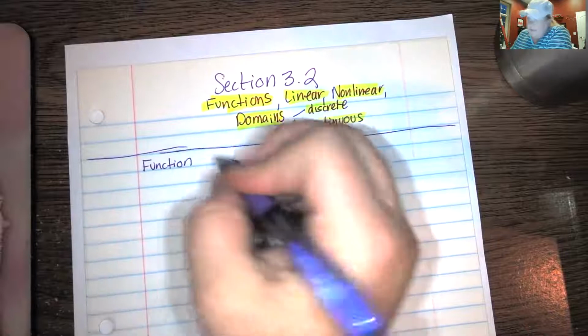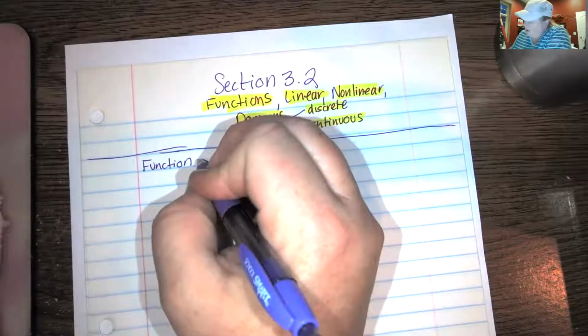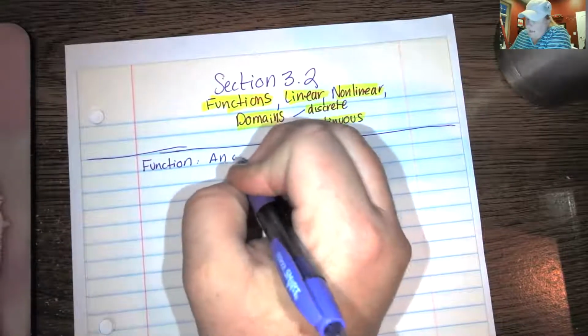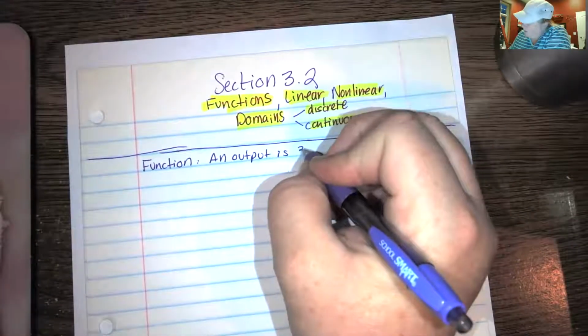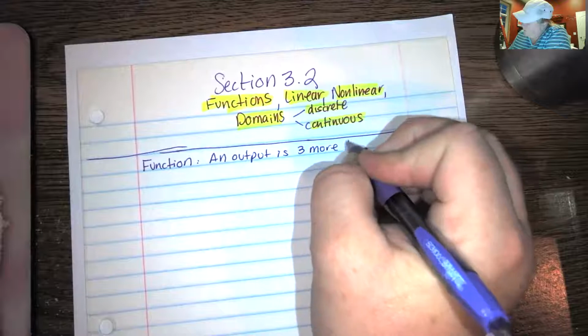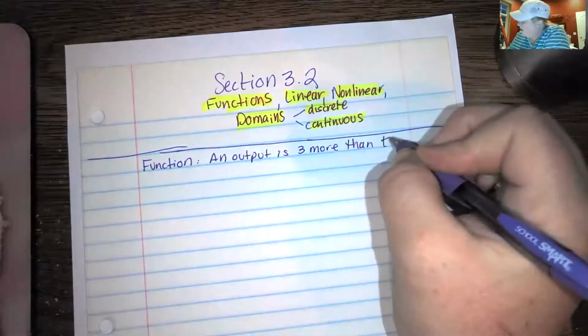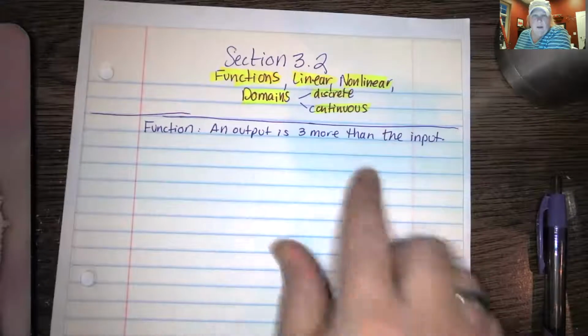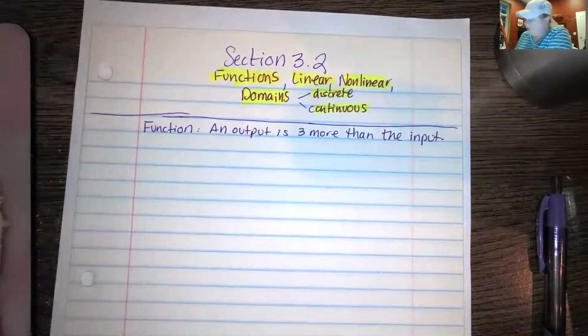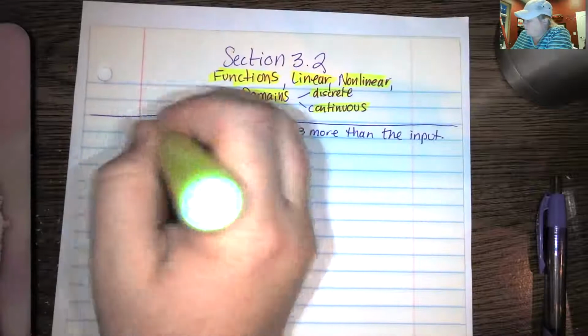And I'm going to put it in words. And output is 3 more than the input. Oh, wow. I don't know if we used input and output as terms, but I know we did function.